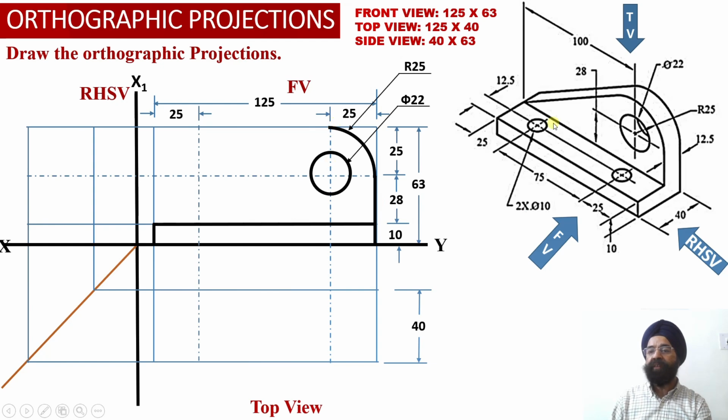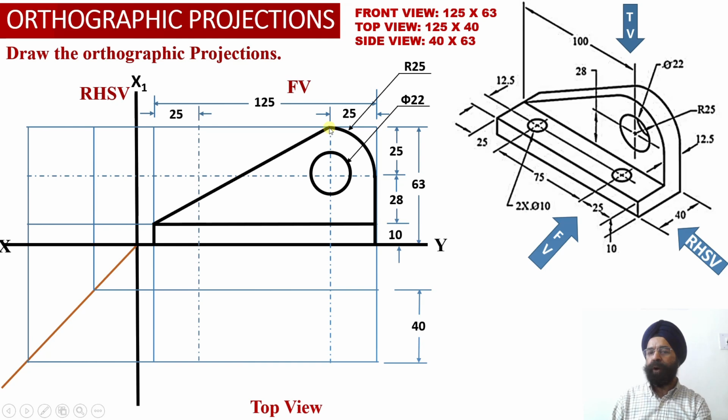Now another thing we know is that this circular portion has been appropriately joined towards the left hand side at a point which is lying at the top surface of this horizontal web onto the left hand side.